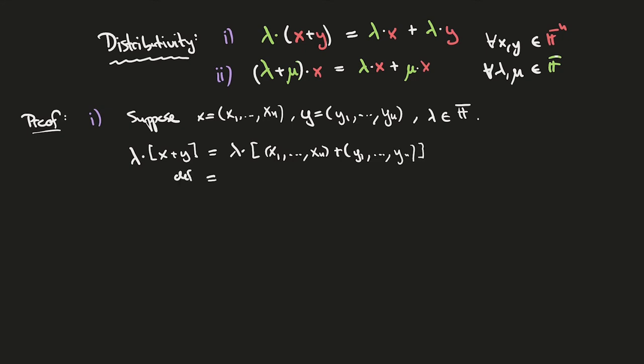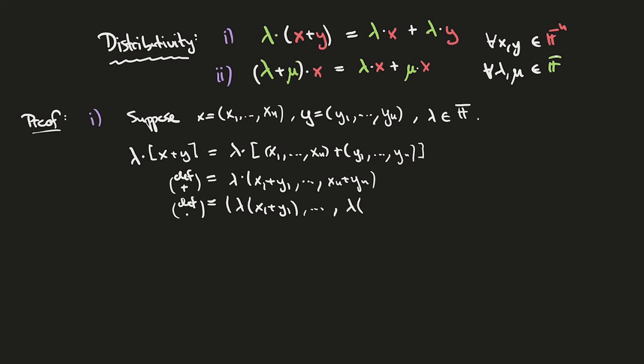Applying the definition of addition in Fn, we get that this equals lambda times (x1 plus y1 all the way up through xn plus yn). Similarly, we can apply the definition of scalar multiplication in Fn to obtain that this equals lambda times (x1 plus y1) all the way up to lambda times (xn plus yn).